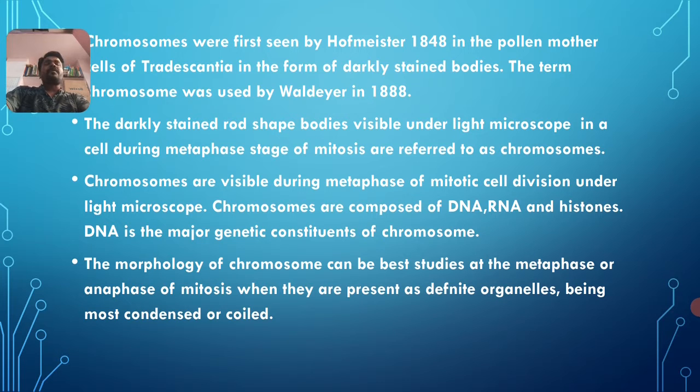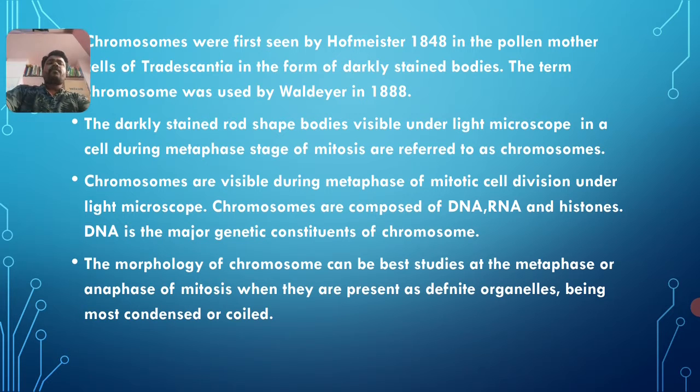That rod-shaped chromosome consists of mainly two parts: the chromatid and the centromere. Chromatids are the arms of the chromosome, formed by the condensation of euchromatin. The centromere is the point where the chromatids are joined together, and it is formed by the condensation of heterochromatin.